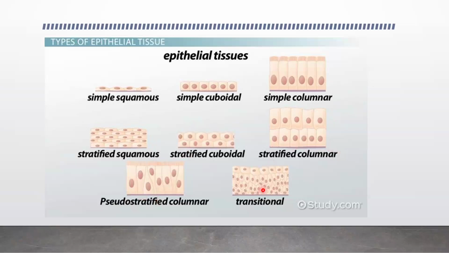We can go on and talk about pseudostratified columnar, which is very important. Remember, you can have pseudostratified columnar ciliated epithelium with goblet cells, a characteristic of respiratory epithelium. If it doesn't have goblet cells, you'll find it in olfactory epithelium.